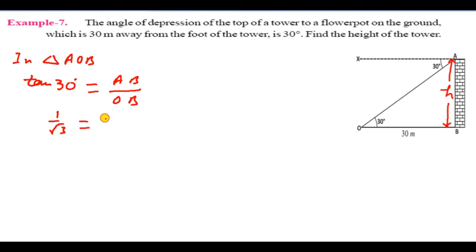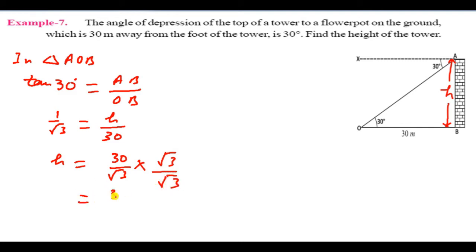AB is h, supposing, and OB is 30. So h is equal to 30 upon root 3. Now multiply by root 3 in denominator and numerator. So we get 30 root 3 divided by 3. 3 tens are 30. So we get 10 root 3 meter. So that is your answer.